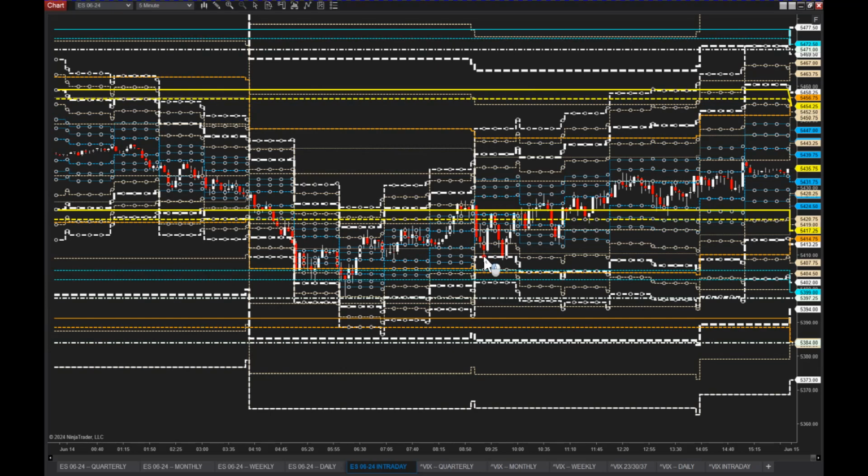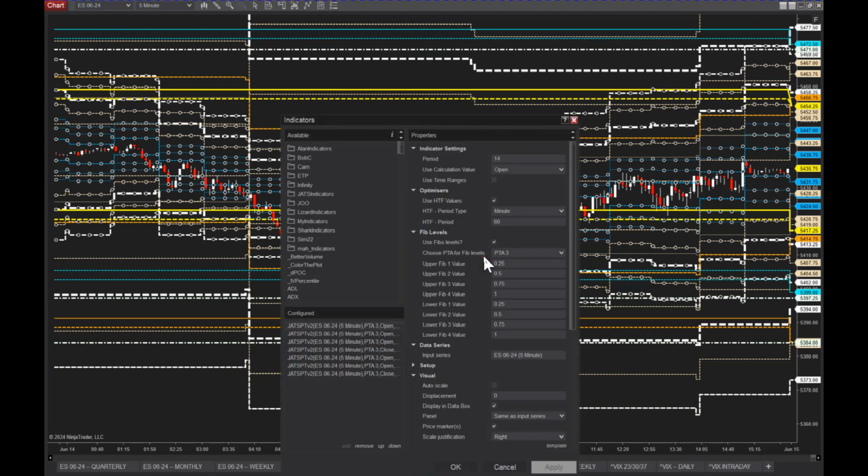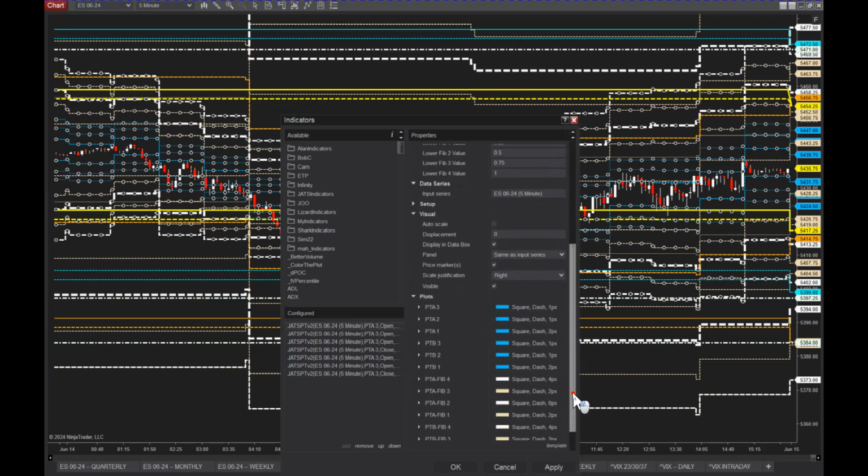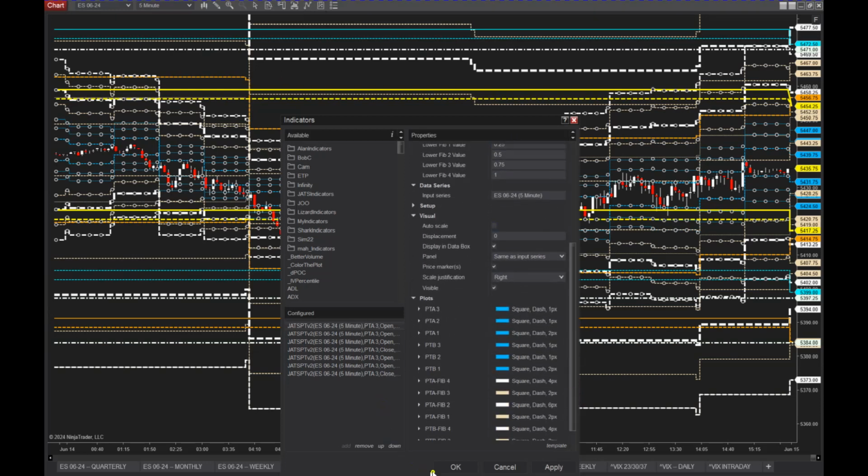For the 60-minute levels, I've got a template for you for this, but I'm just showing 25, 50, 75, and 1 are standard levels, but I'm only printing the fib 2, 50%, and the fib 4, I'm amplifying those lines.